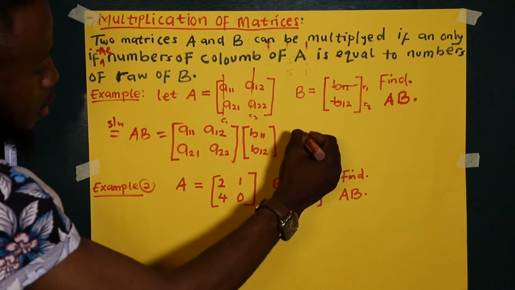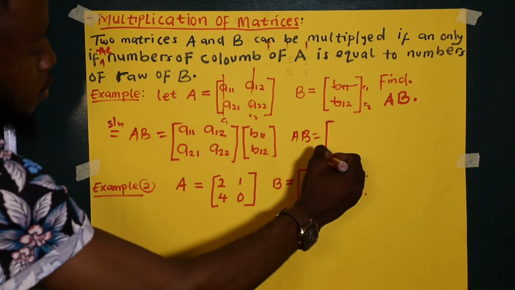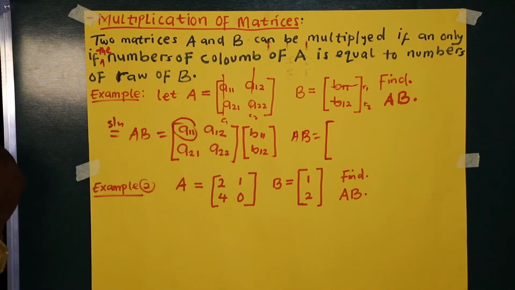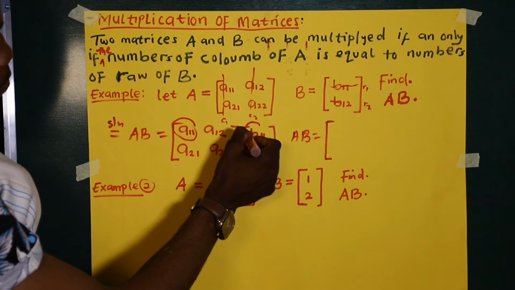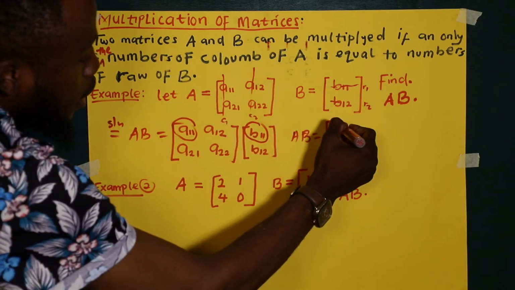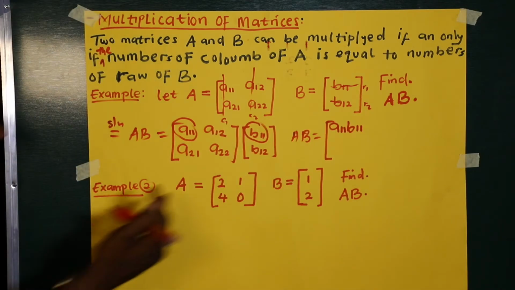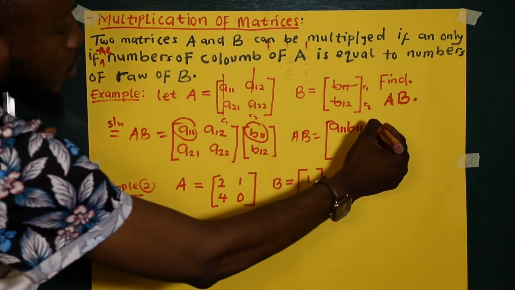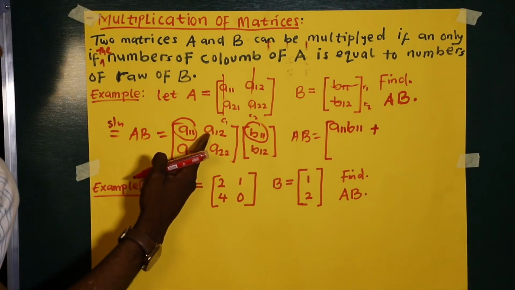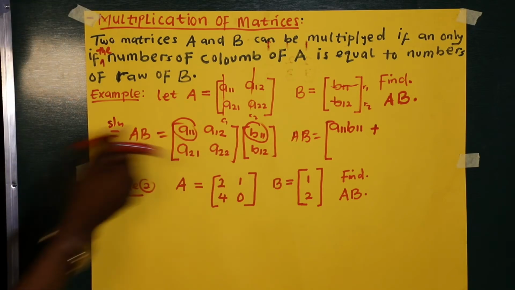Therefore, AB will be equal to A11 times B11, then you shift and write a plus, then A12 times B12.